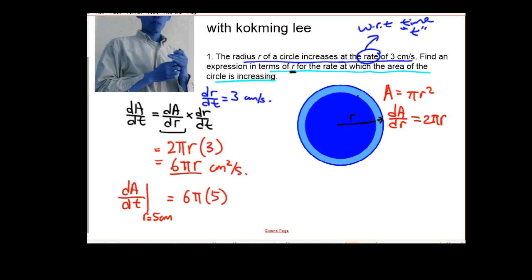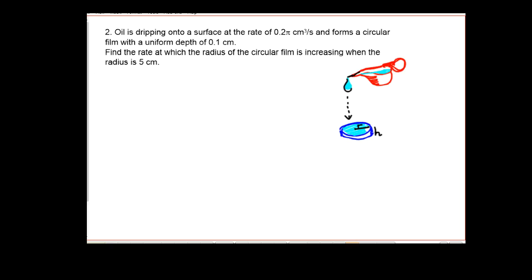So in this particular case, I would have 30 pi. That is, when the radius is 5 cm, the area is increasing at this particular rate, 30 pi centimeters squared per second. Now let's go to the next question.